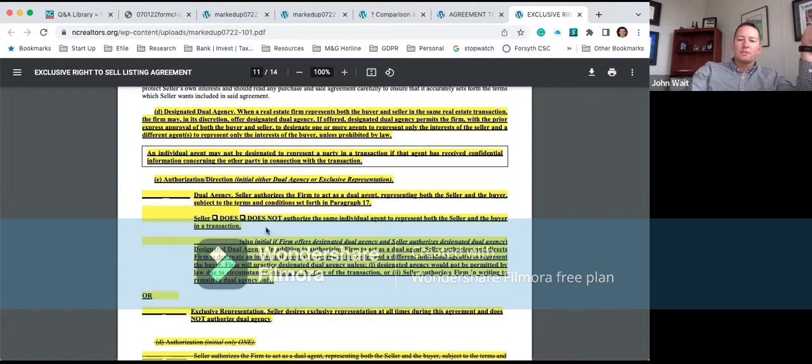And there are circumstances where you could potentially have separate brokers in the firm representing each client, but the firm still owns the agency agreements, and still both parties have authorized dual agency. So you can have your client say does or does not authorize the same individual to represent the buyer or seller in the transaction.